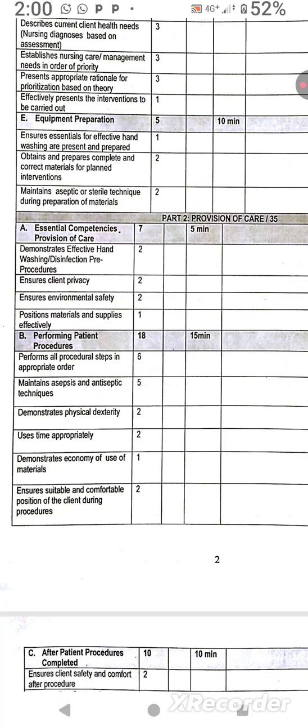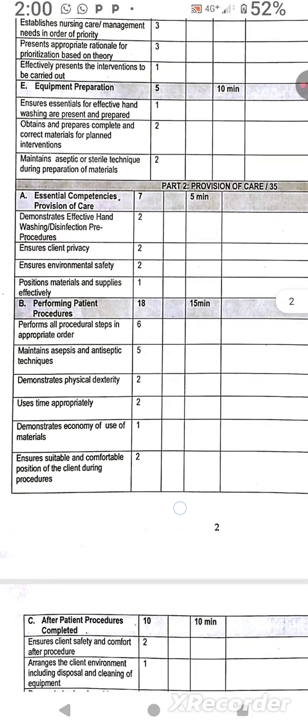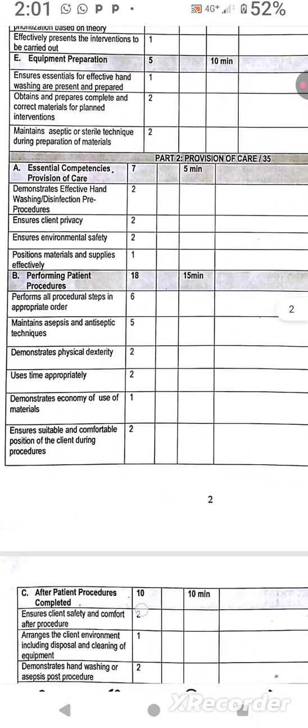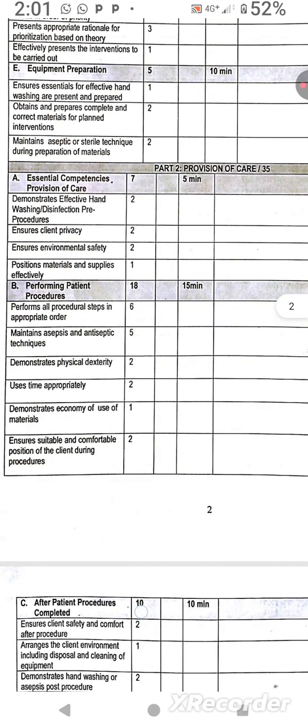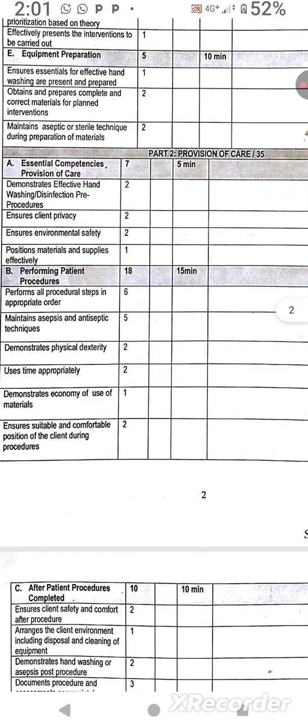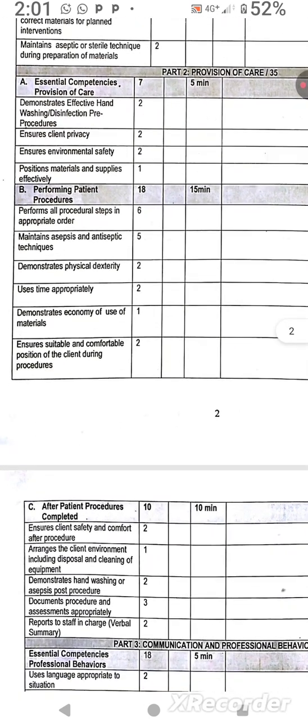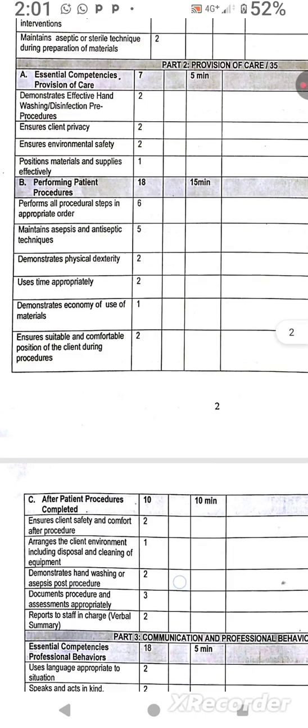Present a rationale for prioritization based on theory. Then effectively present interventions to be carried out. The other is equipment preparation. Ensure essentials for effective hand washing are present and prepared. Obtain and prepare complete and correct material for the primary intervention, using aseptic technique.